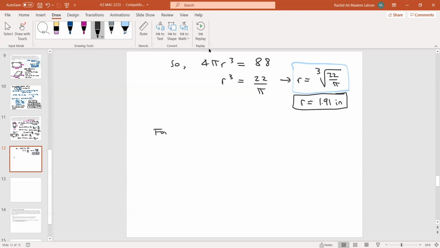However, for the height, we're going to use the exact value so we don't run into errors in computation. And that's going to be 3.83 inch, right?